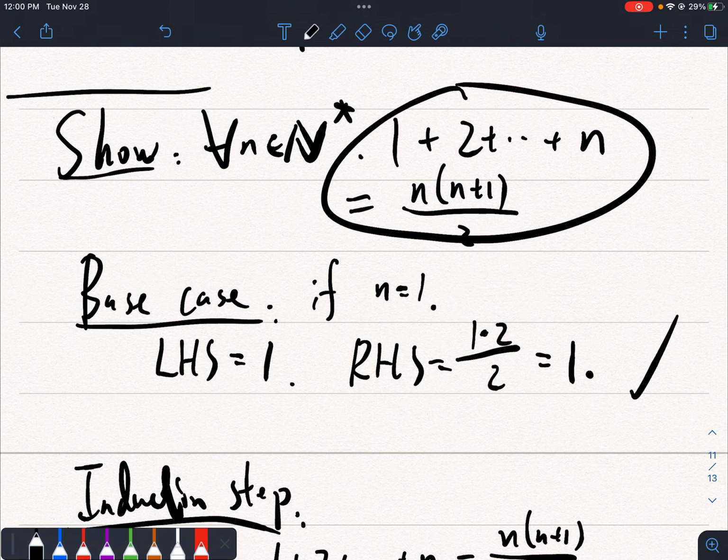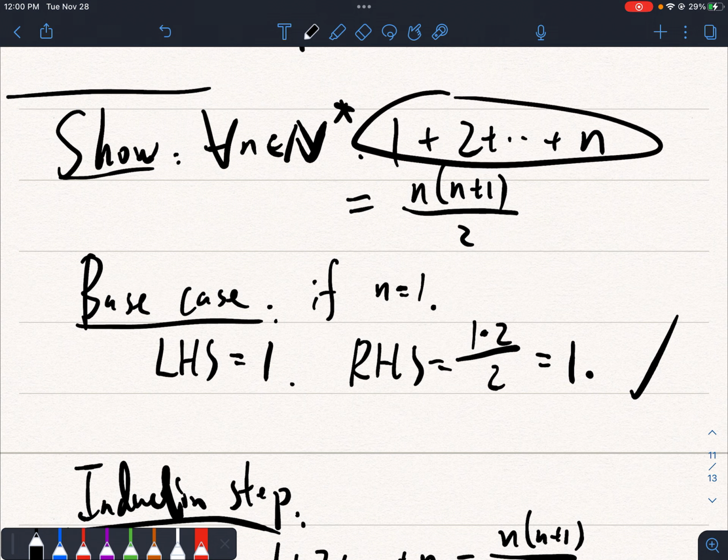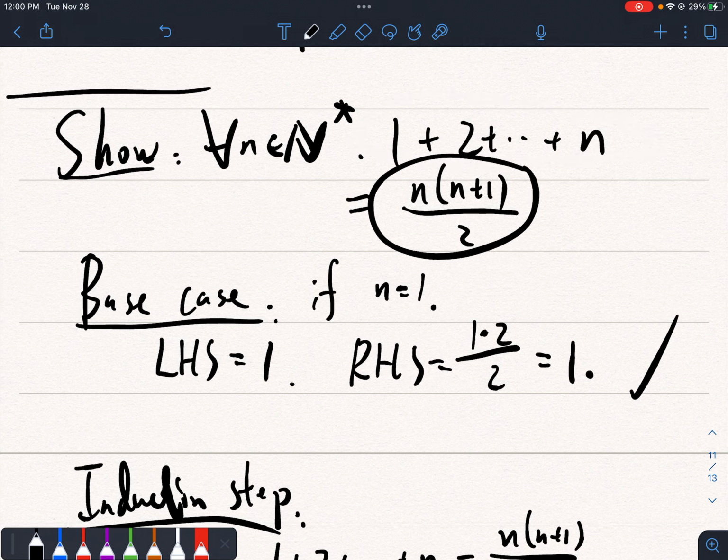Like this statement should also be true for n plus 1, which means for the left hand side, the last term is n plus 1, right? And here we have to plug the value n plus 1 into n. So then this becomes (n plus 1) times (n plus 2) over 2. So all we need to show is that this is correct.